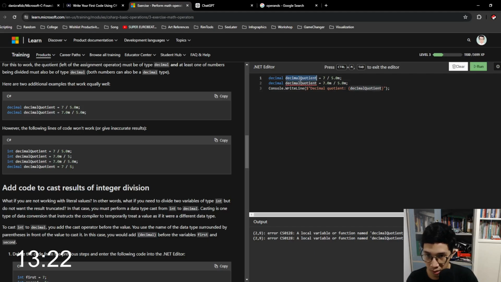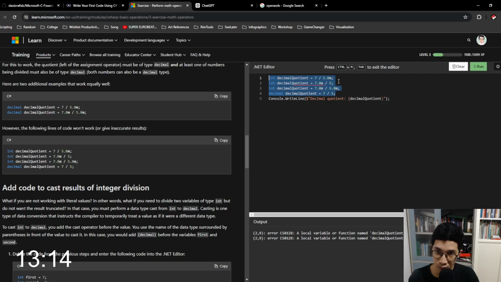Oh, I see, because there are two variables there, but only one Console.WriteLine is written, so it will not work. I think the one that doesn't work is this one, but it will not display the real decimal.